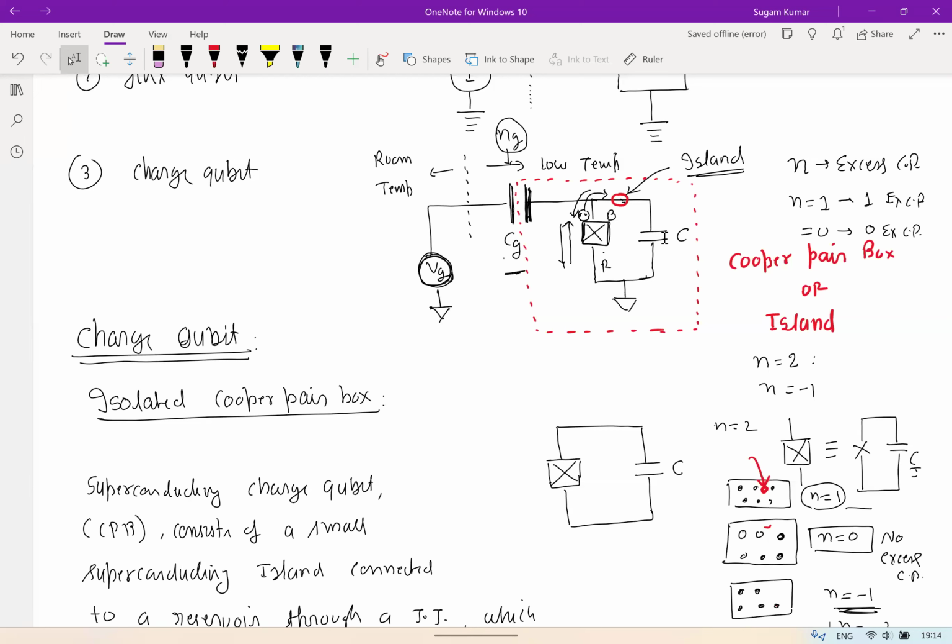I think he's confused between the condensate wave function and the wave function of the individual Cooper pairs. Of course, they are governed by a single wave function. I agree with that. But you can add a particle in that cloud, and if you apply a force, you can just pull one out of them.